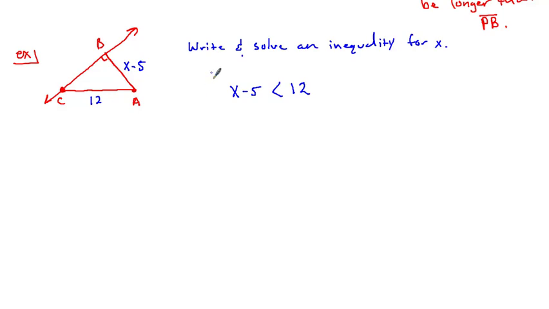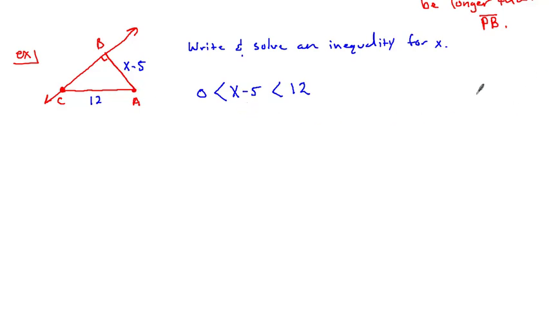But something else that I'm going to say, and this is more for you to think about than worry about too much, is x minus 5 has to also be greater than 0, right? Because you can't have a line that's 0 long or -2 long. So this x minus 5, while you might say, oh, that could be any number, well, it really can't. It's got to be bigger than 0, and it's got to be less than 12.